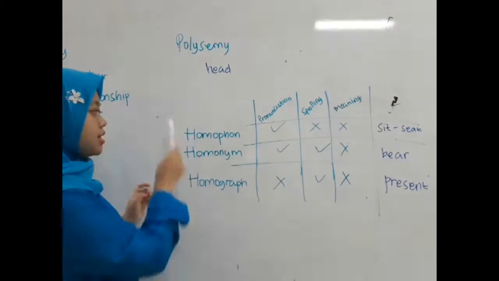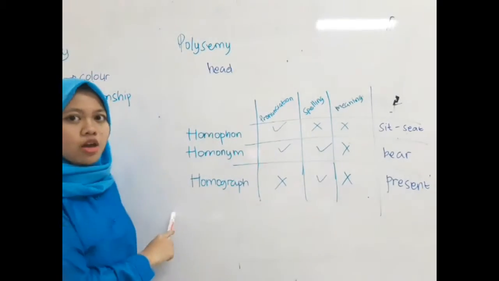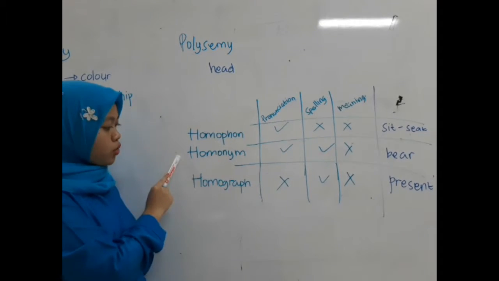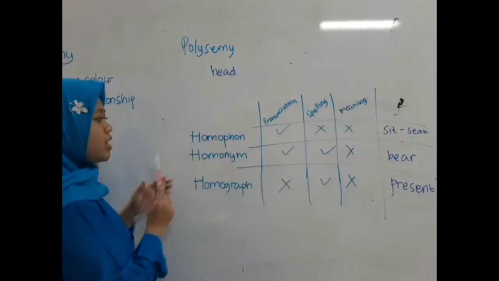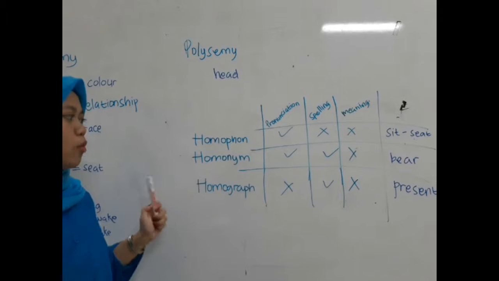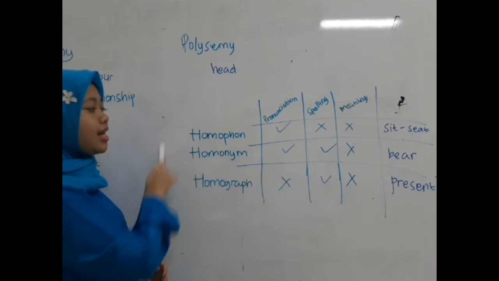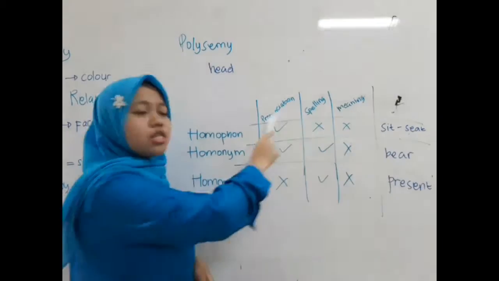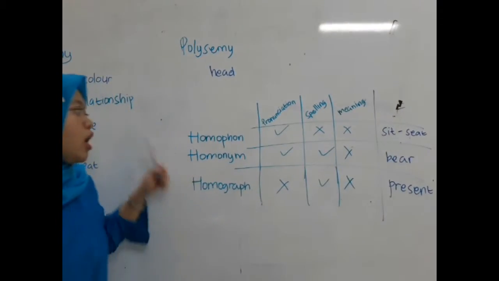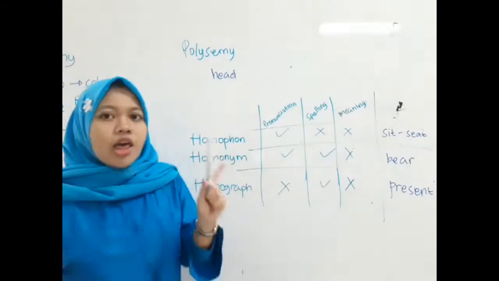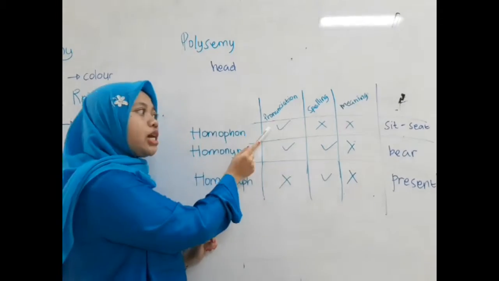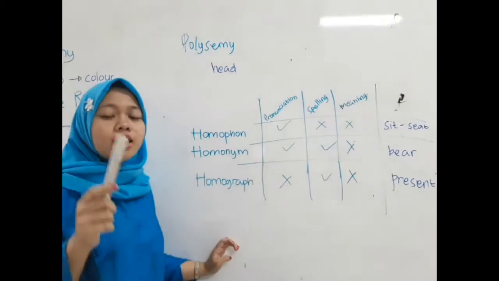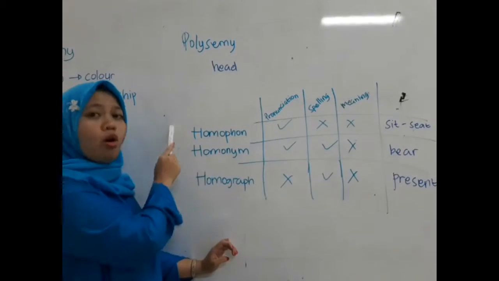And the next one is these three terms. First is homophone, the second one is homonym, and the last one is homograph. So what is homophone, what is homonym, and what is homograph? In these three terms, we will talk about three aspects: pronunciation, spelling, and meaning. So when we find a word that has the same pronunciation but different spelling and different meaning, we call those words homophone.